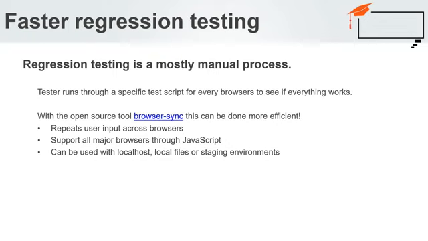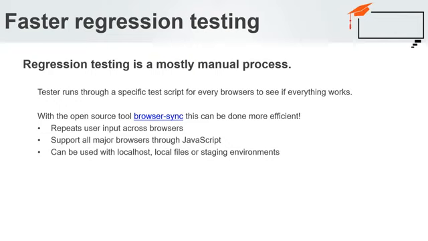It will simply open more than one browser at the time and synchronize your user interactions across to the different browsers. So, for example, you can open Firefox and Chrome side by side and do your test in Firefox, and all the actions you take in Firefox will automatically be synchronized across to Google Chrome.